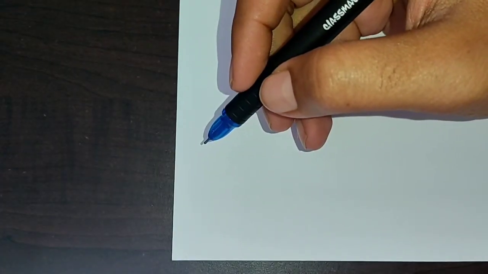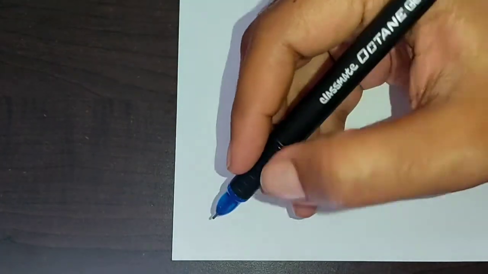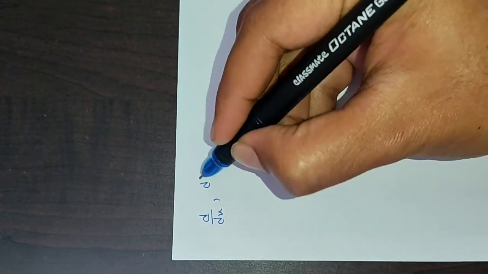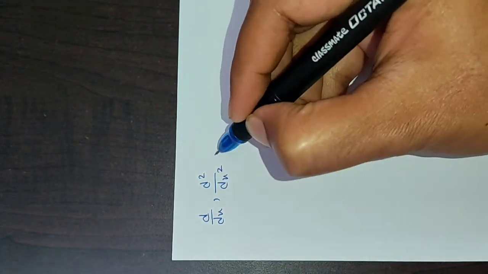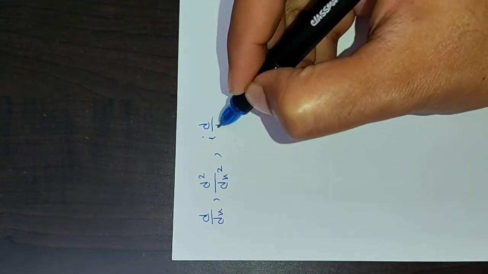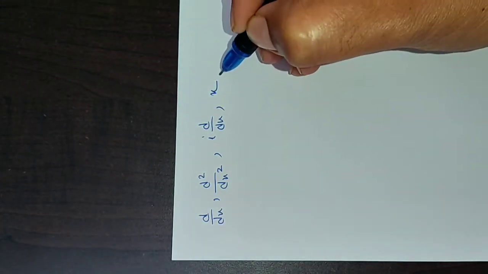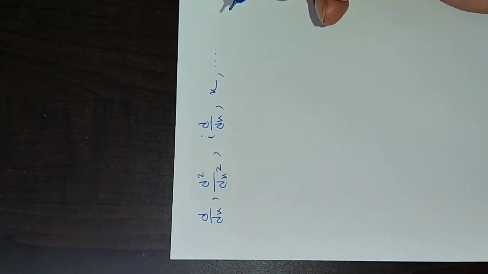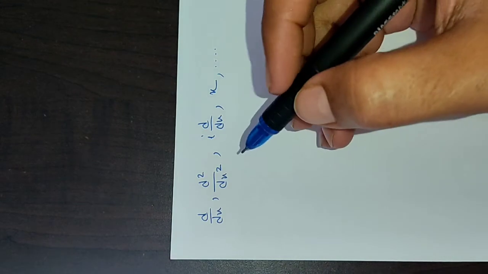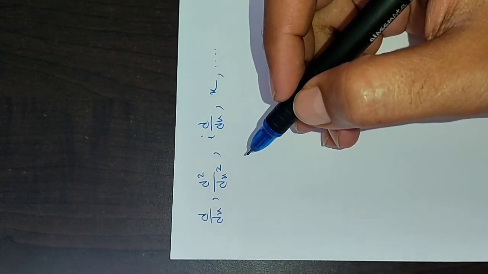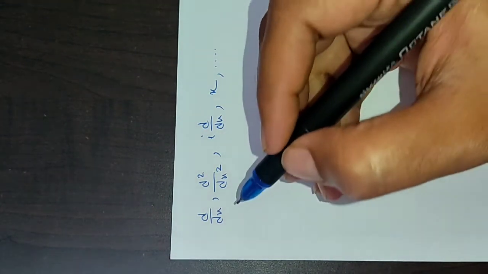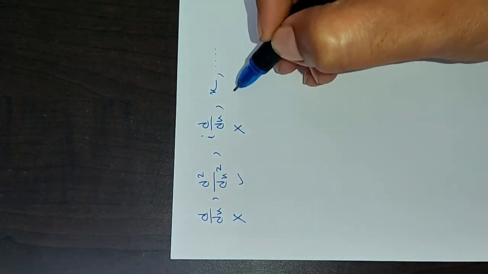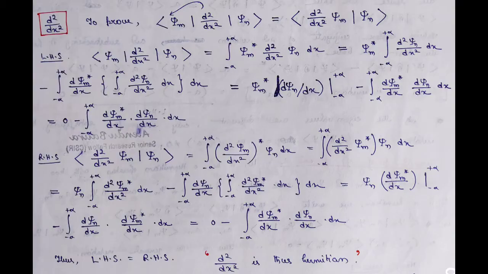In the previous video, I gave you homework to check whether d/dx, d²/dx², i d/dx, x and so on are Hermitian or not. If you check using the procedure that I described in the previous video, you will find that this is not Hermitian, this is Hermitian, this is not Hermitian, this is Hermitian and so on.